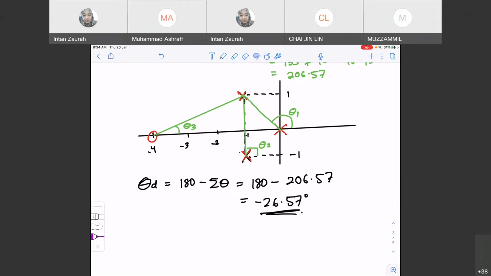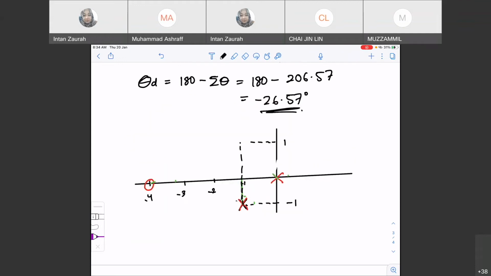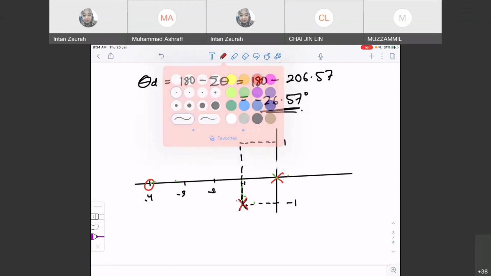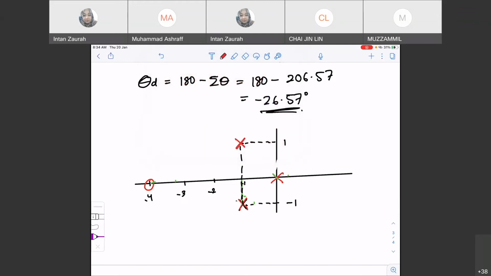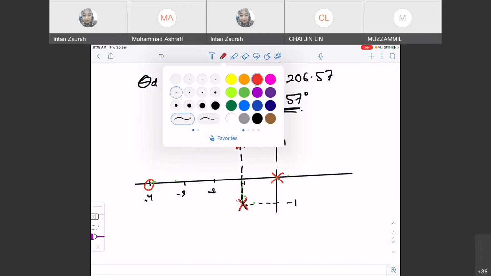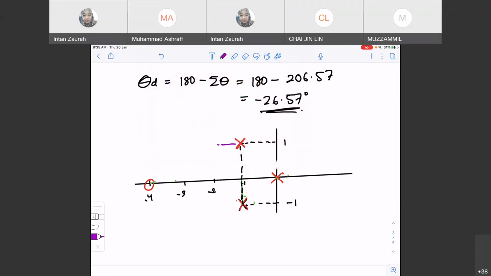So let me just copy this again. So the angle of departure will come from the poles that you calculated just now, the positive complex poles, okay? So the angle of departure will be defined like this. Let me use purple. It's negative 26. So if positive is from horizontal counterclockwise, sorry, kebalik.